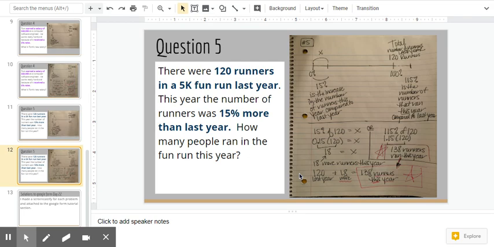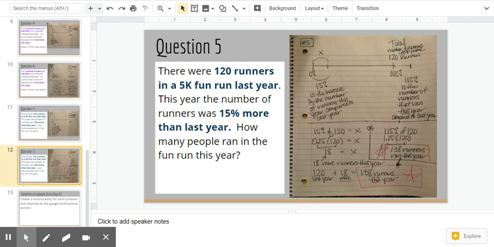Another way would be looking at my line diagram. I extended a piece right here to represent adding on that 15%, which really means 115% would be the number of runners that ran this year. So I'm going to write that expression here, 115% of 120.